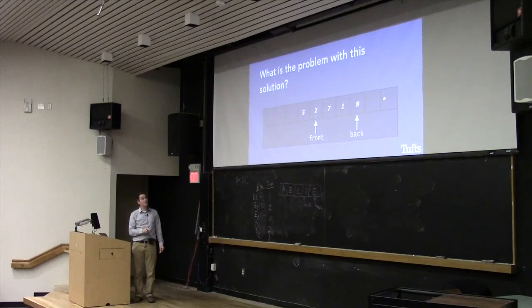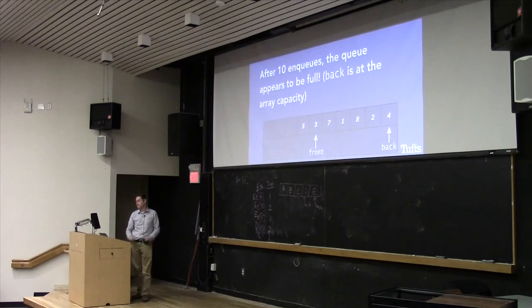So the problem is when you get to the end here, to the last one with the enqueuing, you run out of space. But we've been dequeuing along, so we've got all this extra space here. Let's do this. After 10 enqueues, it's full.